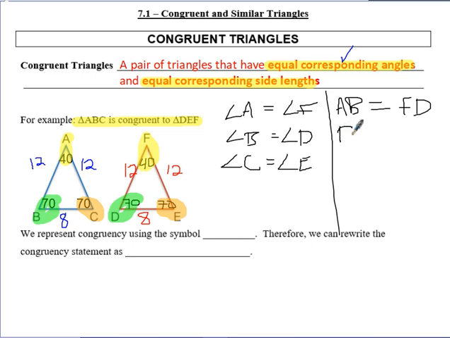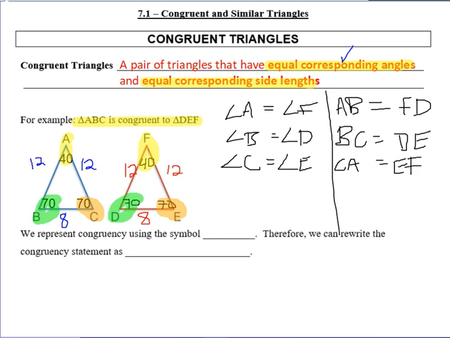BC, which is at the bottom, corresponds with DE. Now, some people ask, is it BC or is it CB? We know what you're talking about. It's almost like tomato, tomato, but a lot of the time you should stay consistent with the triangle in alphabetical order. CA, lastly, or even AC, corresponds with EF, and they are equal to one another.